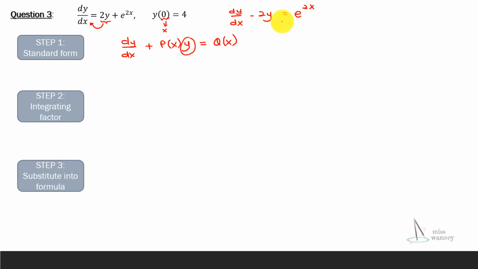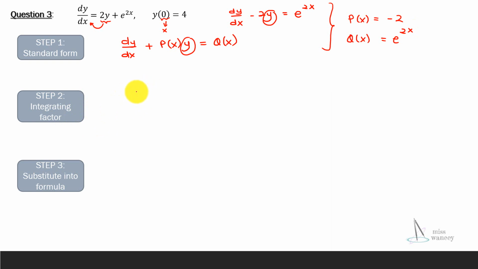Now I already have something with y, and the coefficient of dy over dx is 1. This is also 1. So let us compare both of them together. P(x) is equal to the coefficient of y, negative 2, and Q(x) is e to the power of 2x.